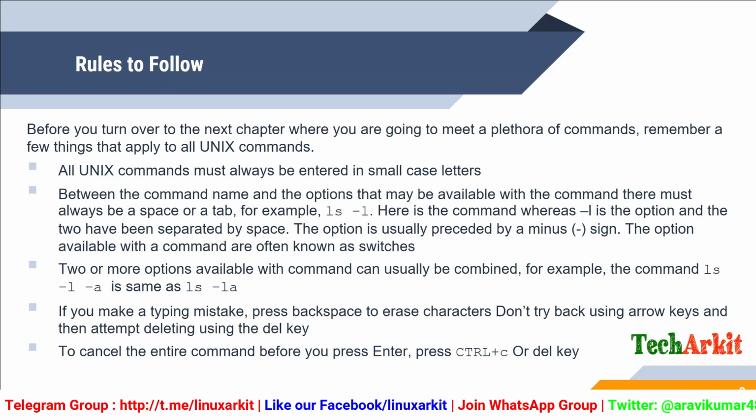Whenever you want to execute any options, you have to give the space or tab. An option is usually preceded by a minus sign, which is called a hyphen. The options available with the command are often known as switches, like -l in ls -l.